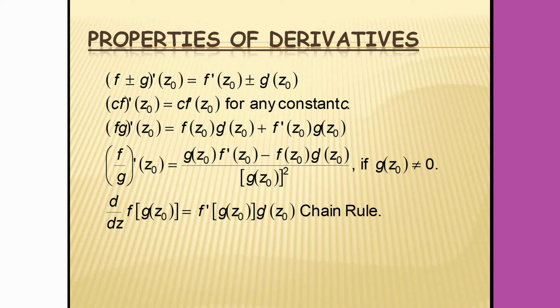In the numerator, you write g of z naught into the derivative of the numerator, minus f of z as such into the derivative of the denominator, g dash of z naught, provided g dash of z naught is defined.